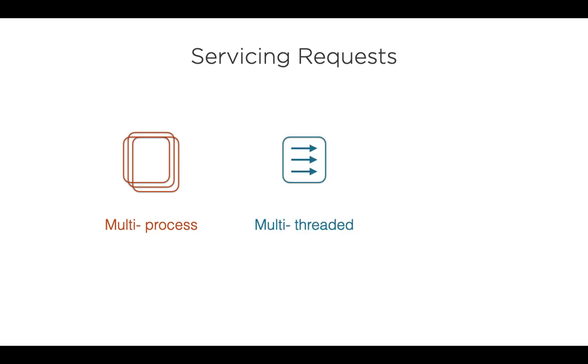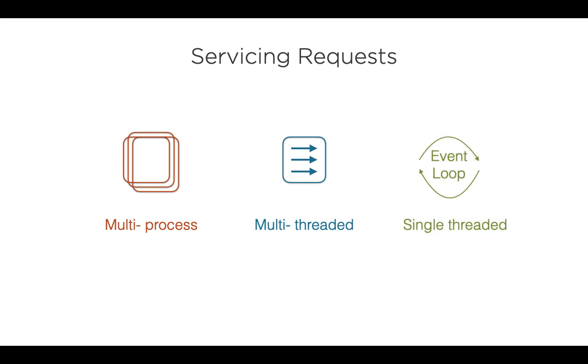Another way is a multi-threaded approach, where a process can have multiple threads and each incoming request is handled by a thread. In this case, since the threads are a part of a single process, even though code is isolated to the thread, they are aware of the other concurrent threads, especially when accessing shared memory space. Again, the number of concurrent requests is limited to the number of threads in the process.